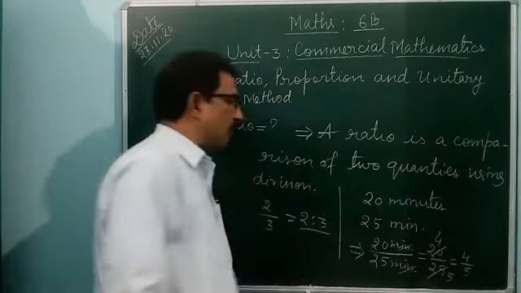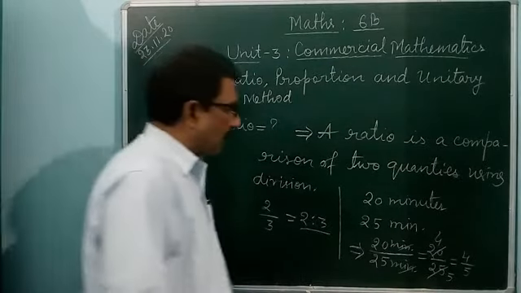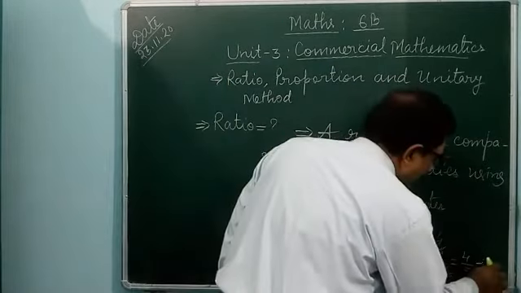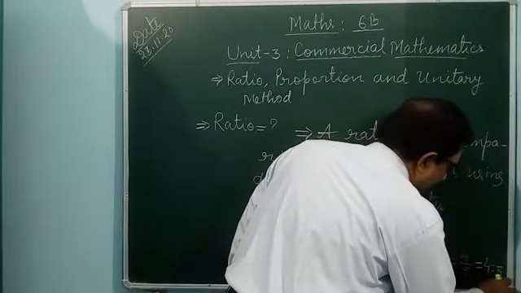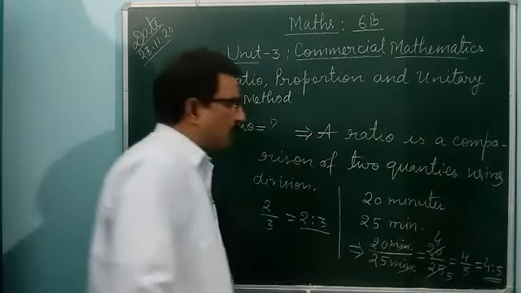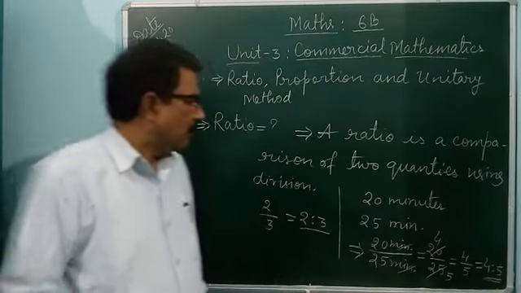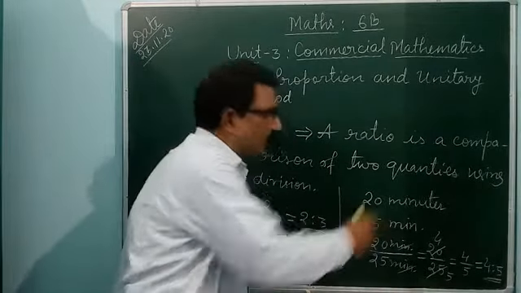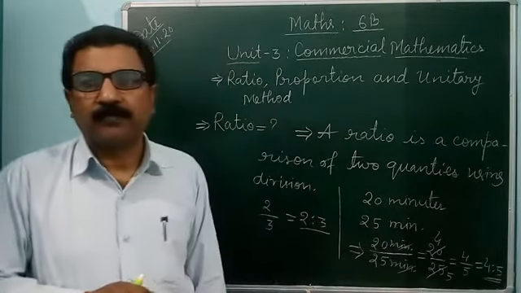Timing of both persons is 4 by 5. Also you can write 4:5. So in this way you can write 20 minutes and 25 minutes in the ratio form.